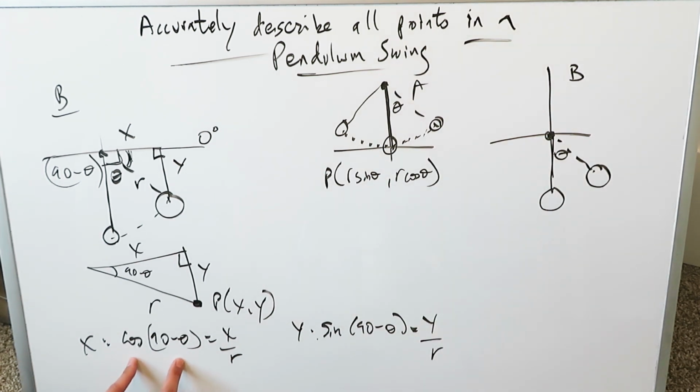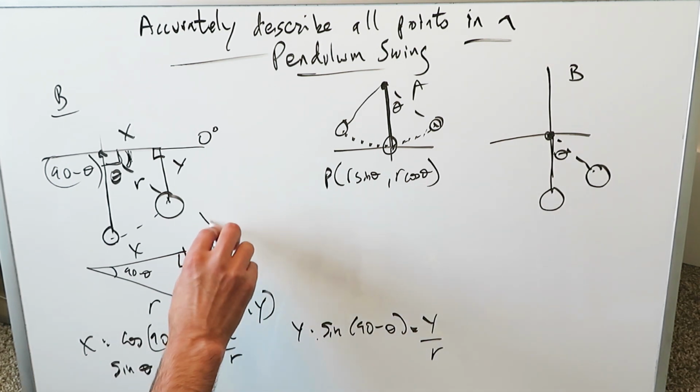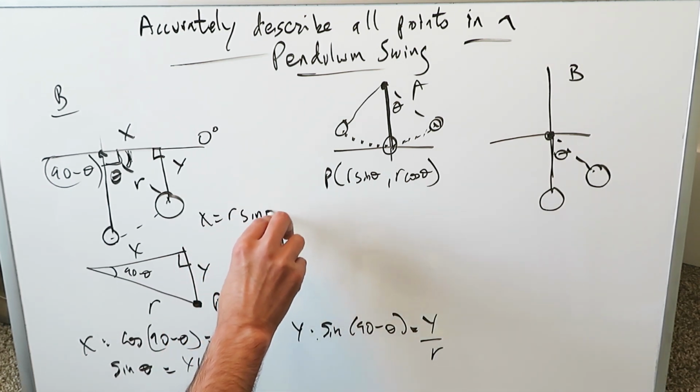Cosine of 90 minus theta is a cofunction identity which is equal to sine theta, and you know that sine theta is equal to cosine of its complement. Cosine of an angle is equal to sine of its complement. So cosine of 90 minus theta can be substituted for sine theta by means of cofunction identity. Sine theta is equal to x over r, and now you know x is equal to r sine theta.